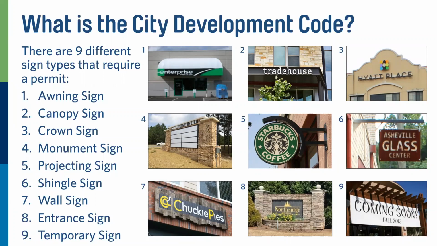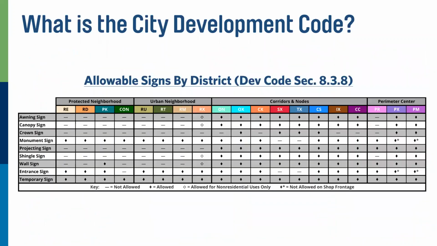Then you have crown signs, which are like the big signs you see on buildings. Then you have monument signs, usually for commercial, and different types of projection and shingle signs. Wall signs are very common. These two are very similar, but these are the two that we see most, along with temporary signs. So we'll talk about each of those.